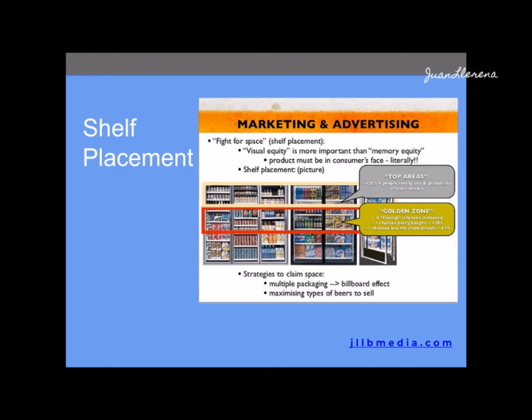Some are by multiple packaging, and that's called the billboard effect, or maximizing types of beers to sell. Many companies have different beers that are all owned by the same company. In many cases, it could be almost the exact same type of beer, and the only thing that is changed is the packaging.